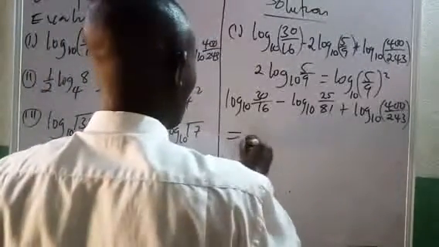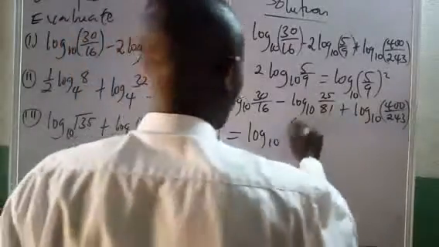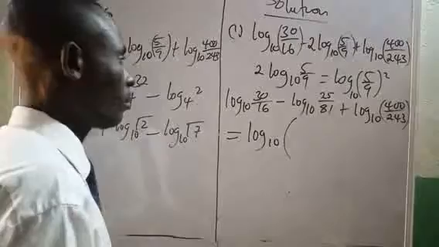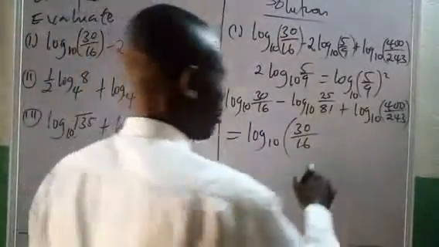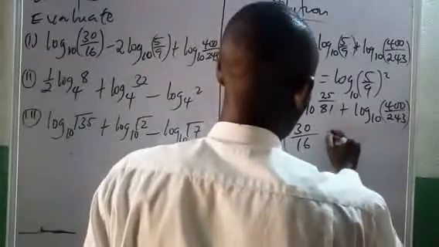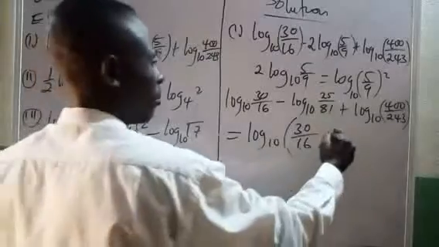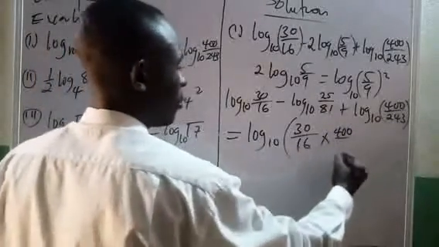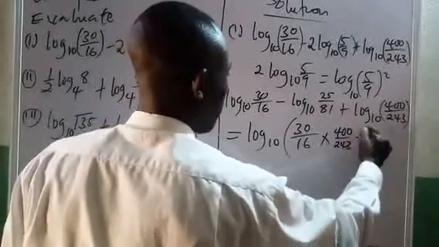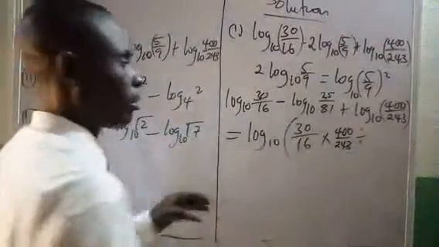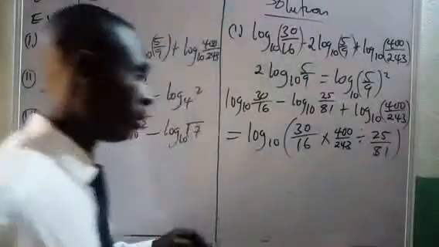This is equal to log base 10 of, I open bracket, you have 30 over 16 times, plus is times, that's 400 over 243, divide by, minus is division, 25 over 81.